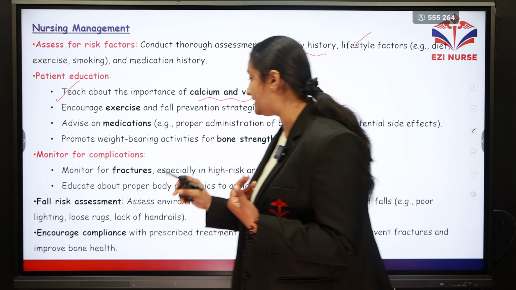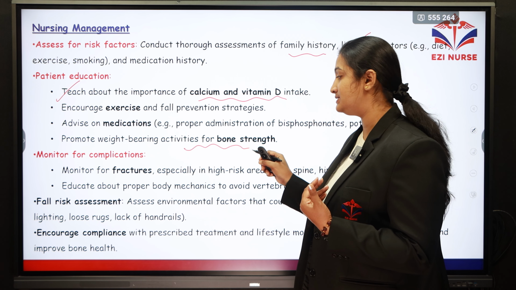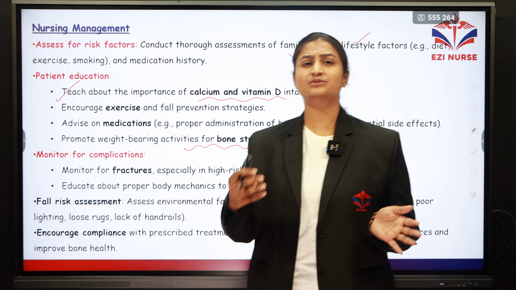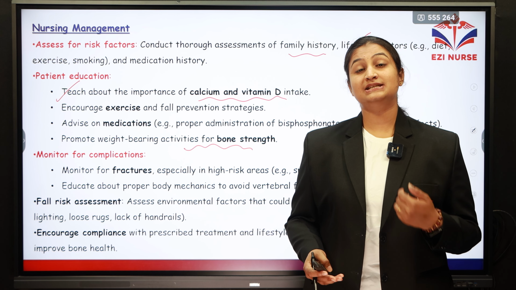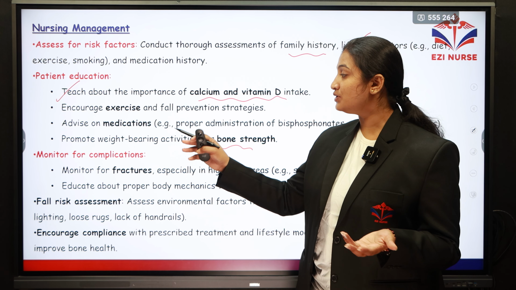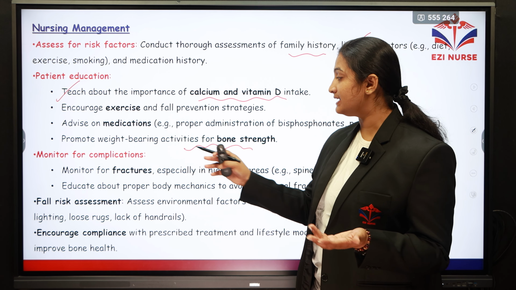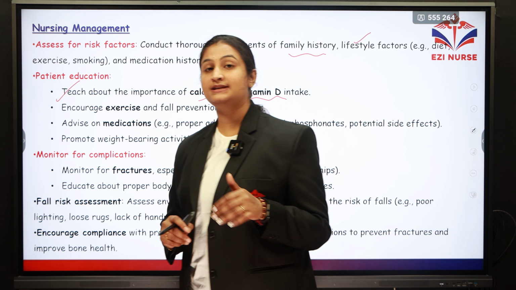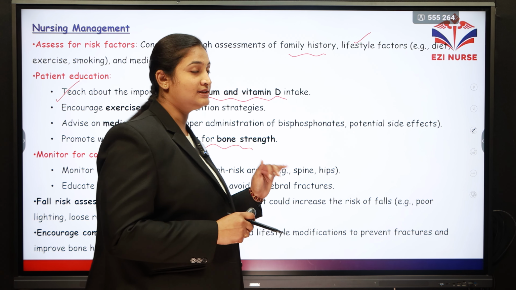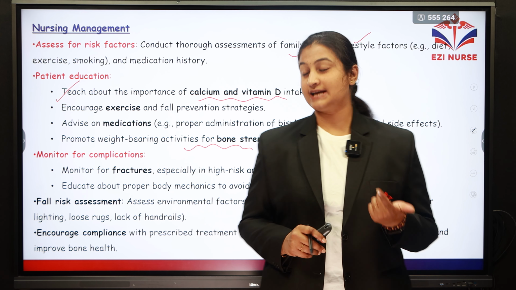Promote weight bearing activities for bone strength. Sometimes there might be an obese patient; we have to tell them the difficulties and disadvantages and help them, then promote weight bearing activities to give them bone strength. Then monitor for any complications, check whether the person has any fractures, especially in high risk areas, that is the spine and hips.